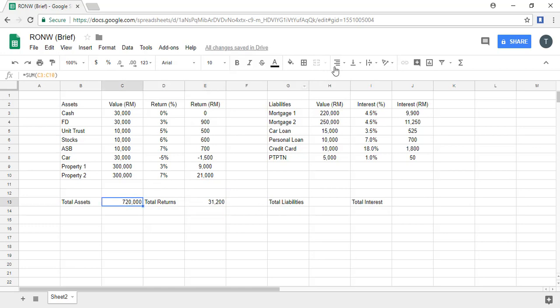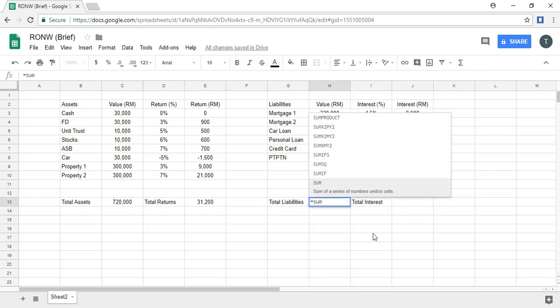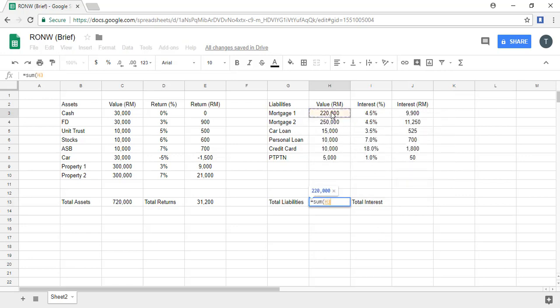It's easier to work with Google Spreadsheet because a lot of things are much easier to use. Okay, let me just align this to center. Right now what we have is your total assets, your total liabilities, the total returns from your assets, and as well as the total interest from your liabilities.